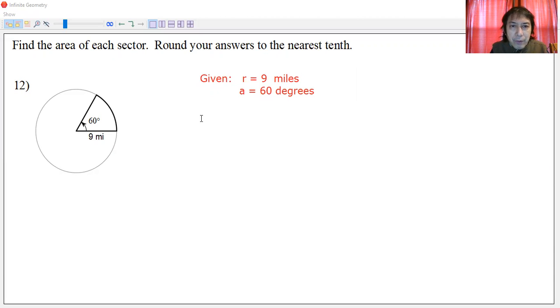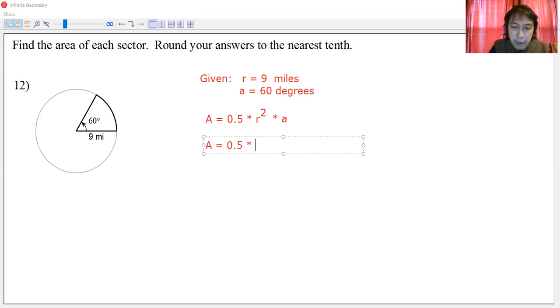All right, let's write our formula for the area of a sector. Area of sector is 0.5 times r squared times the central angle, okay, there.